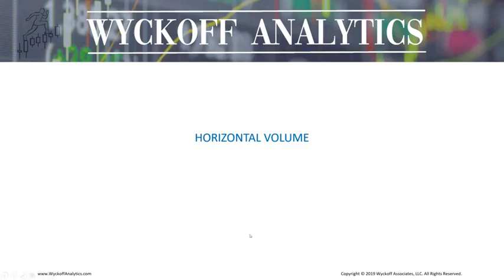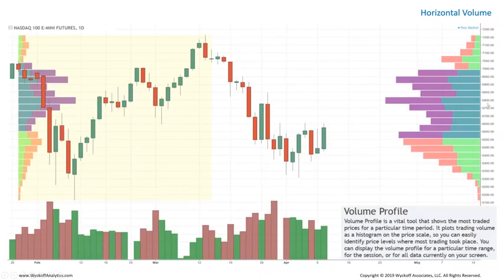Why horizontal volume is so important is because it shows the levels of support and resistance, and we anticipate that around those levels, which are based not necessarily on the price but on the volume signature of the price, is where we would expect some kind of stop in action, because one force is going to be more than another.